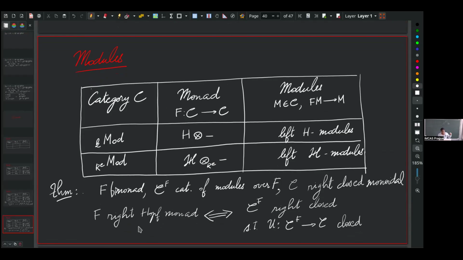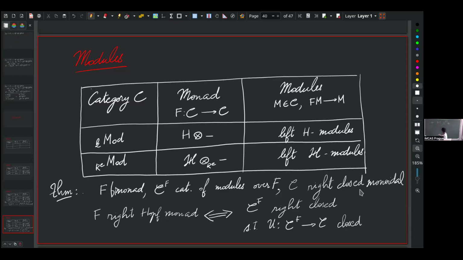First we need to assume that the base category is right closed. This means that the tensoring from the left admits a right adjoint.